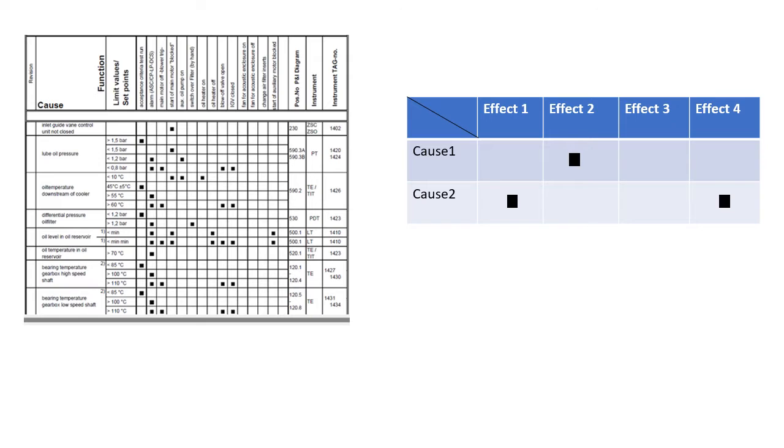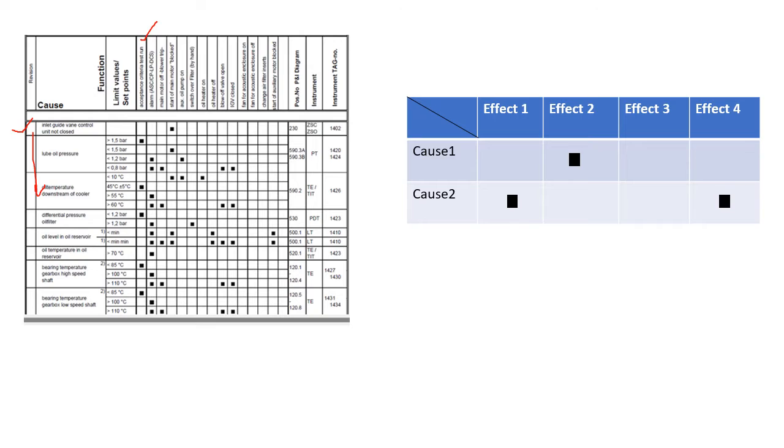So as you can see here, a cause and effect diagram, as the name suggests, contains causes and their effects. This is an actual cause and effect diagram that I have shown on the left side. Each of the rows starting from here represents a cause, and these are the effects.